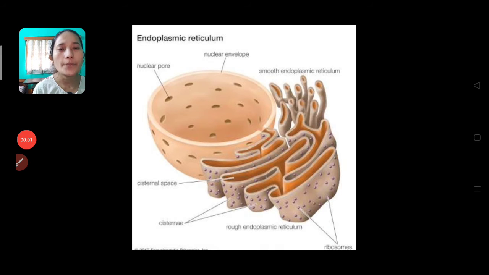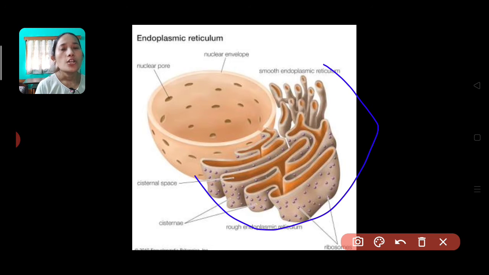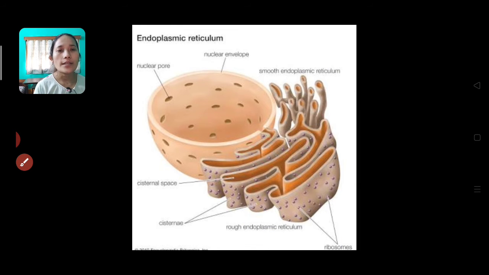Now next, coming to endoplasmic reticulum. If you look at the endoplasmic reticulum, it is a tube-like structure but irregular. In some parts it connects the plasma membrane with the nuclear membrane, because of which the transport of material between the nucleus and the cell can take place.